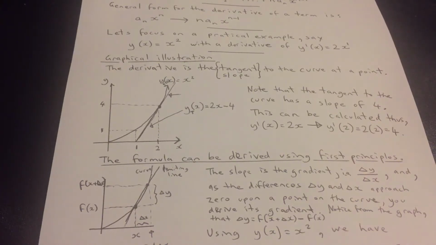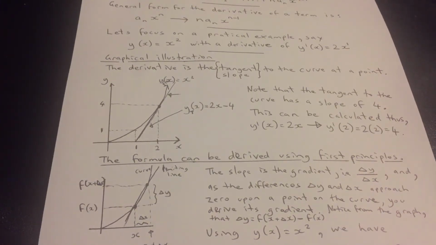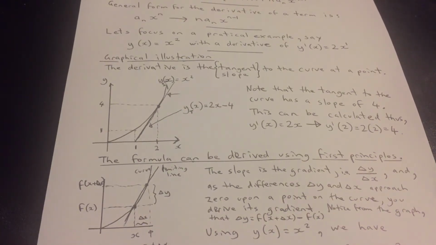Hence that's the definition of slope, or the gradient. And as the differences delta y and delta x approach 0 upon a point on the curve, you'll derive its gradient at that point. So notice from the graph that delta y is actually a difference, which is f of x plus delta x minus f of x.